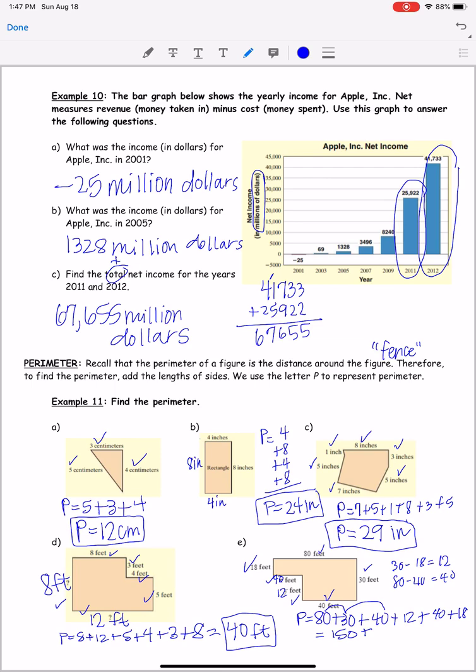On this one, 12 plus 40 is 52, plus 18 is 70. And now 150 plus 70 is going to give me 220. And we are in feet, so 220 feet.